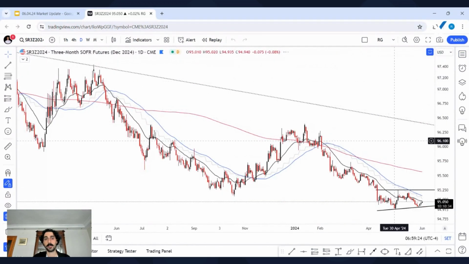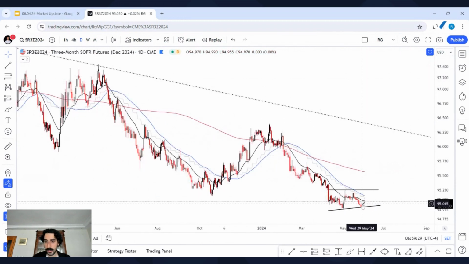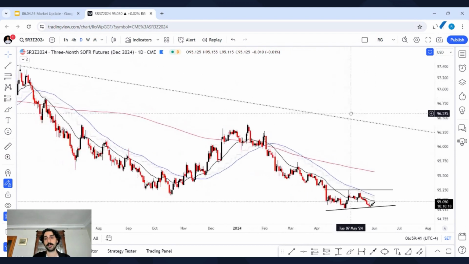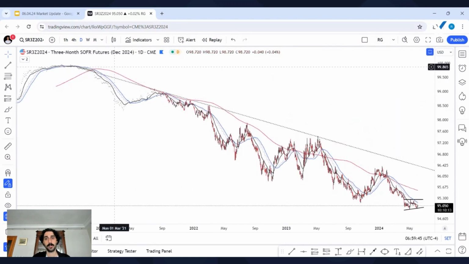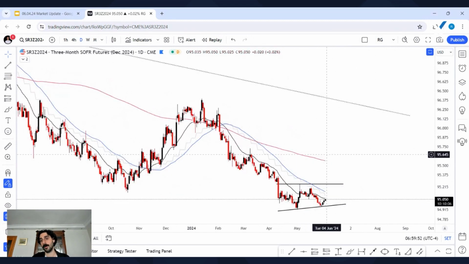Here, as you can see, this is the 3-month SOFR futures contract. If this goes up, yields come down, and vice versa, due to the nature of the bonds. Why I'm trying to highlight this one: after a huge downtrend here, a consolidation has started to establish, and you could call it a rectangle.